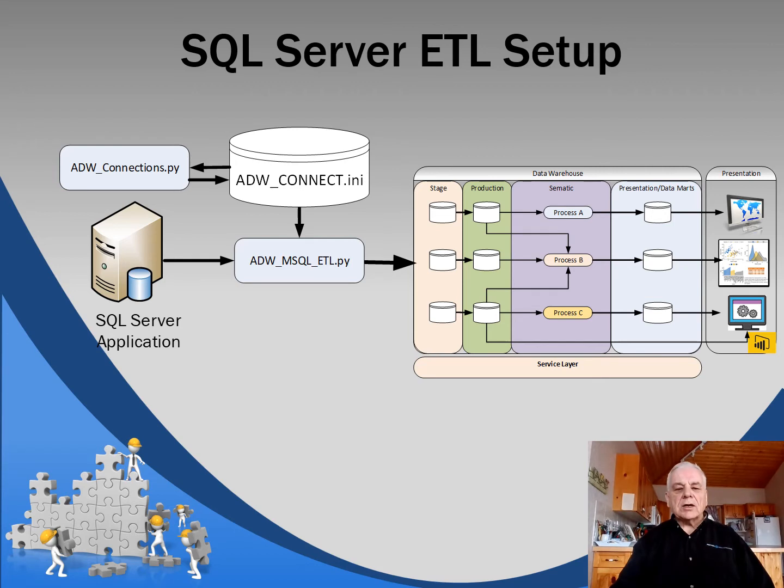So I have provided you with a Python job that will encrypt the passwords, so that if somebody happens to get a hold of your connect file, it's secondary. They have to know your special key, and each of you can build your own special key, and we'll talk about that when we talk about deploying and putting it together. Again, you'll see that this takes from the application server and feeds into the data warehouse through the stage layer.